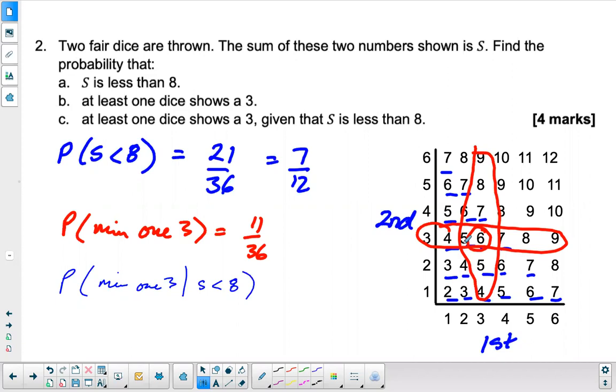So we're looking to say how many of them have a minimum of 3, which is 1, 2, 3, 4, 5, 6, 7 out of 21, which reduces to 1 in 3. Marks wise, that was 1 for that, 1 for that, and 2 for this.